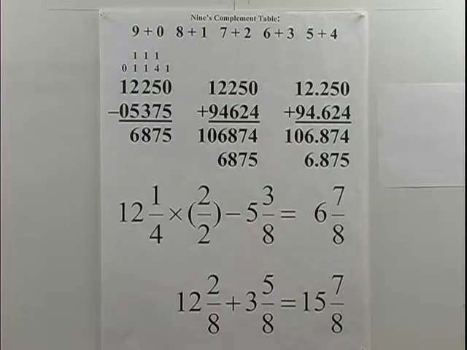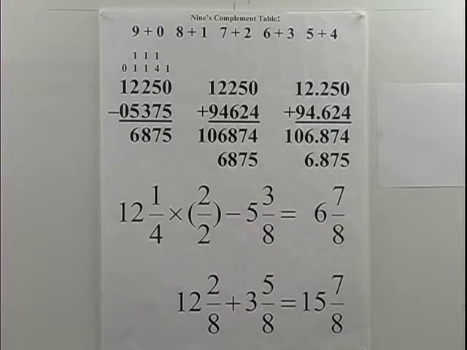Does the nines complement procedure work for decimal fractions? What if I put a decimal point there, there, and there? I'll write the minuend again, this time 12.250. Then I'll take the subtrahend and write the nines complement of it.